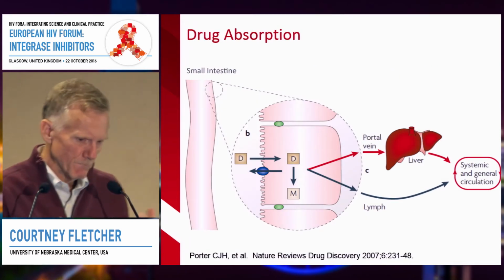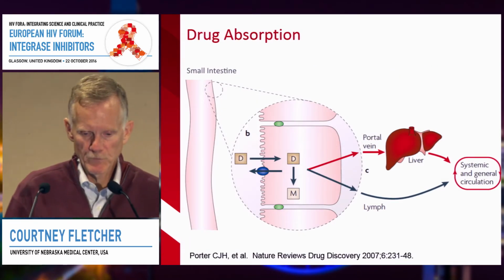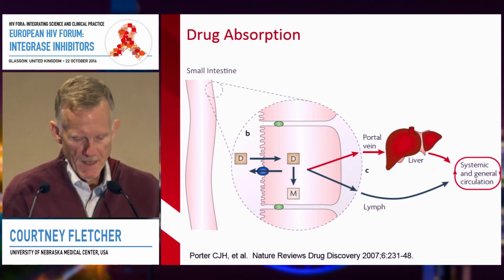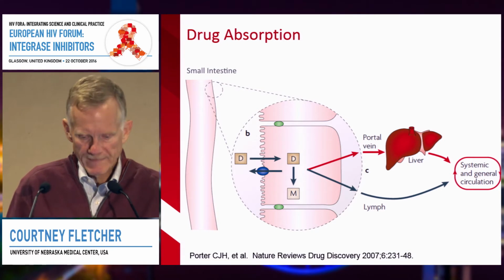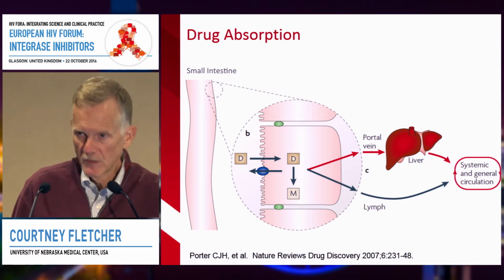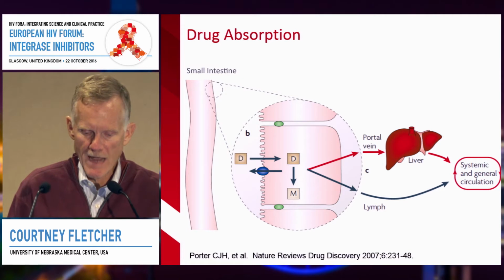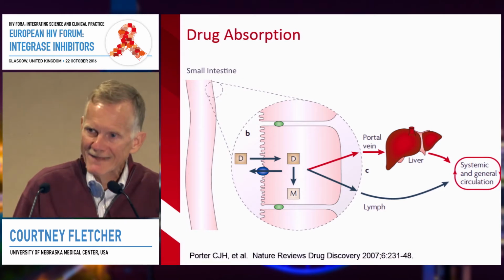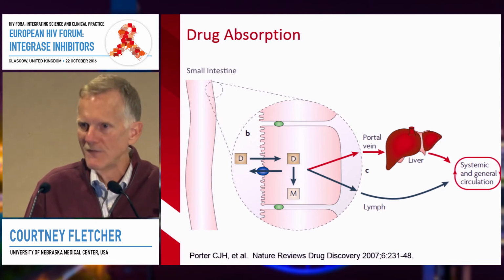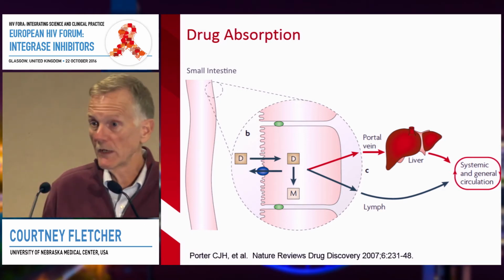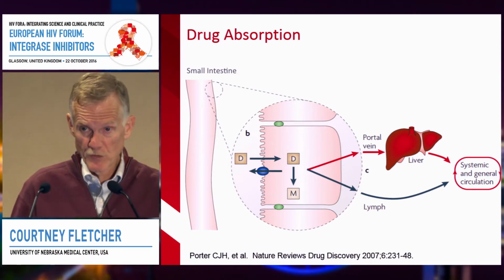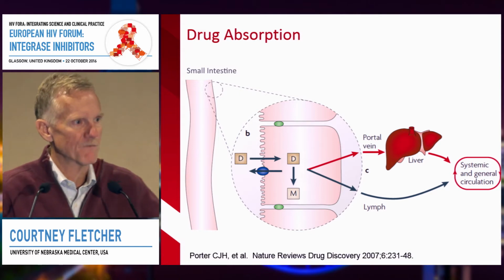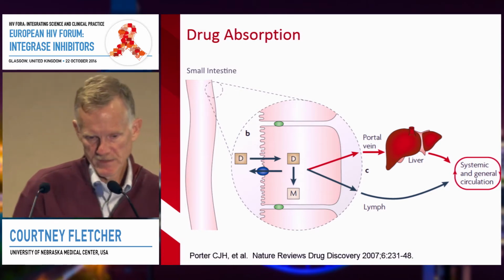Well, let me first start with drug absorption. So if we think about an oral drug when it is taken, the first process we are interested in is absorption, and that is how much of that oral drug is going to get into the systemic circulation. That's the process we call bioavailability. You'll often hear it expressed as a percent: 100% of the drug is absorbed, 80% of the drug is absorbed, and what that means is that's the fraction of drug that appears in the systemic circulation.